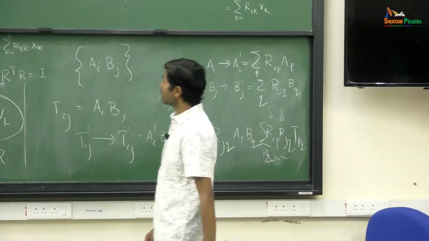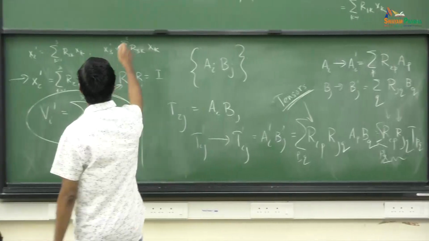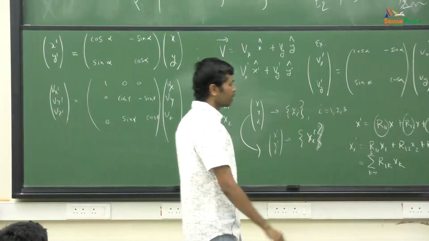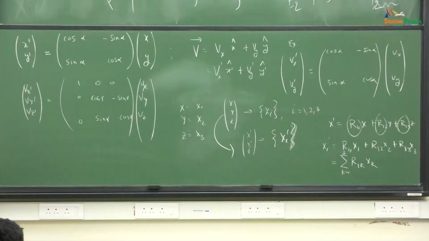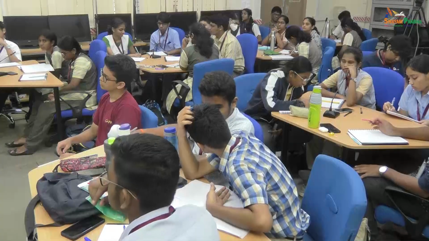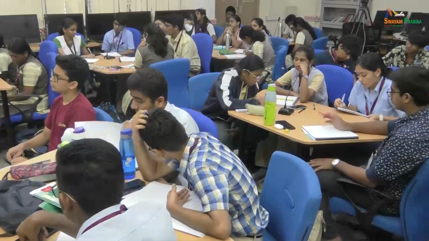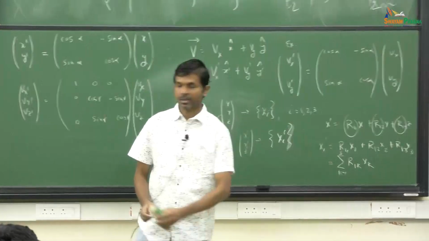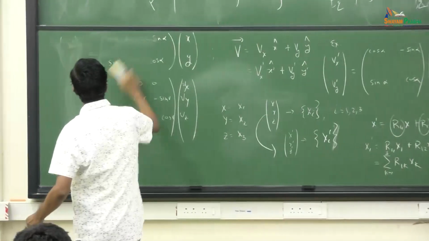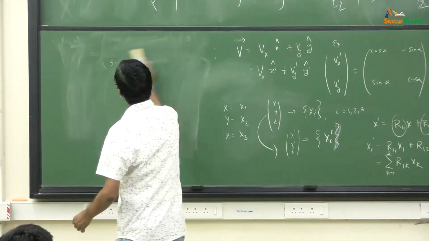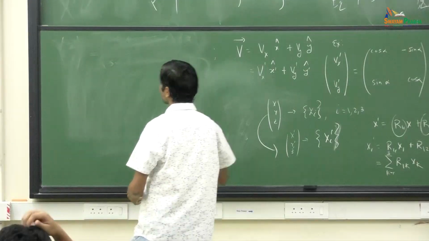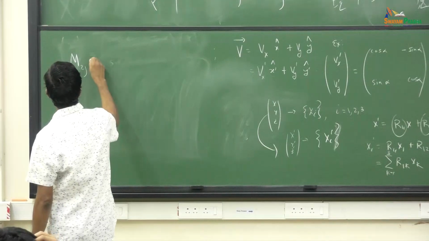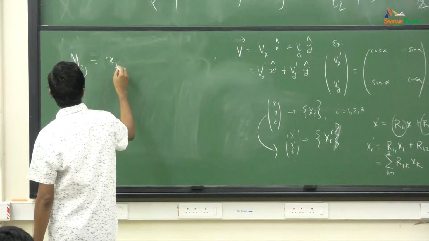Consider a matrix. Because it has 2 legs, it can be represented by a 3 by 3 matrix. Let's say M is a matrix whose components are xi, xj.